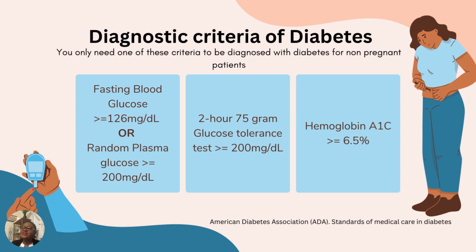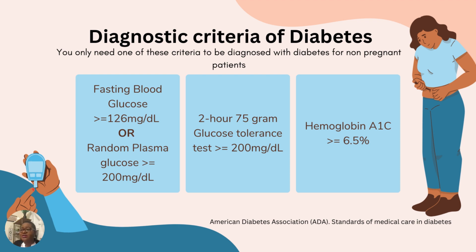Now you might be asking, what is a fasting blood glucose? When you say a patient is fasting, it means that the patient wakes up in the morning, has not eaten for 8 to 14 hours, and comes into the clinic.